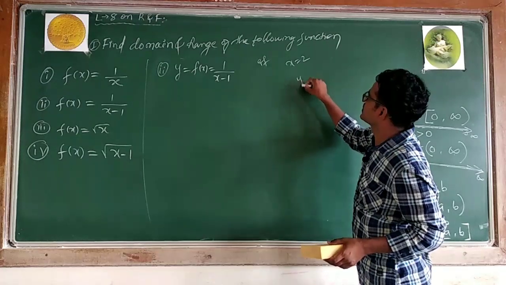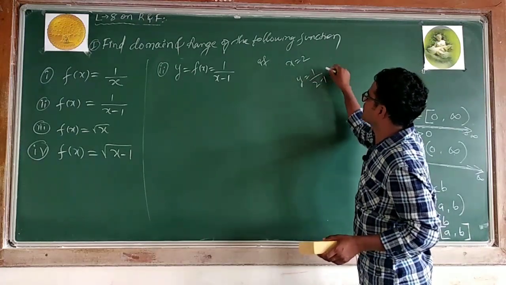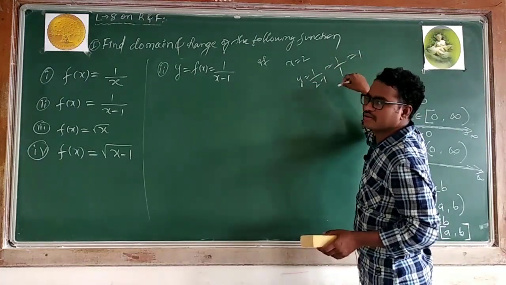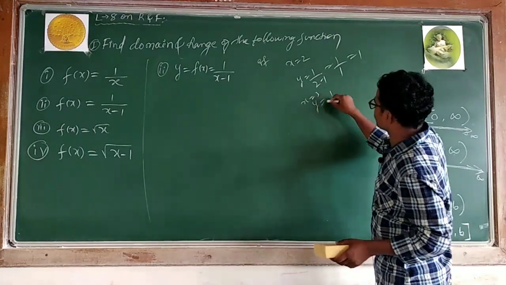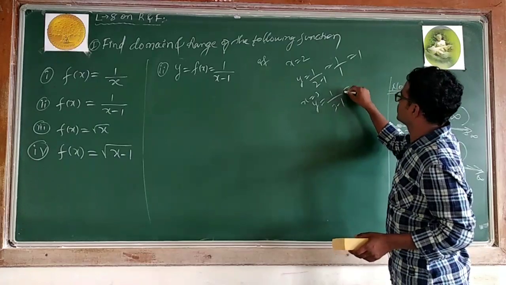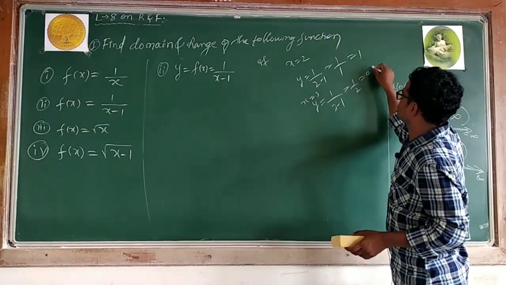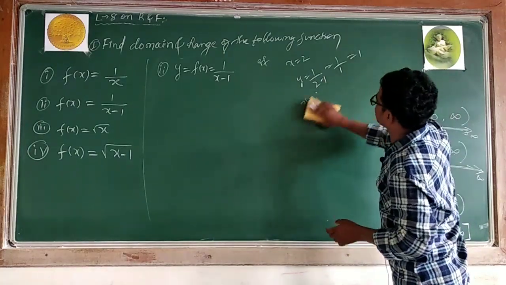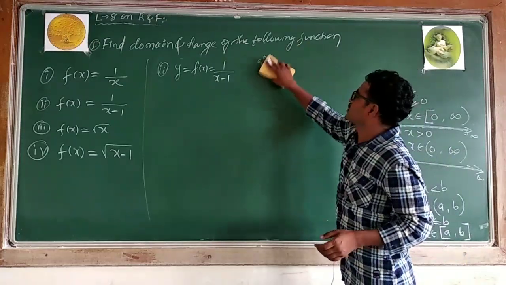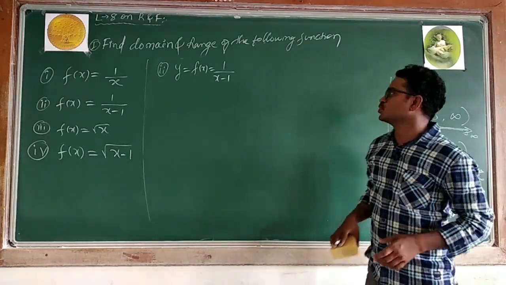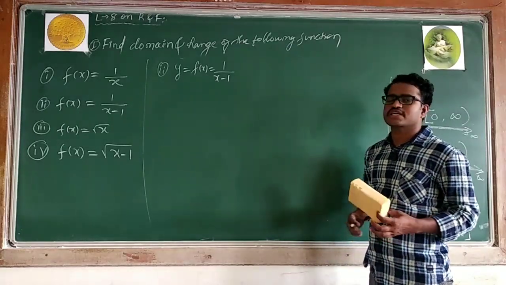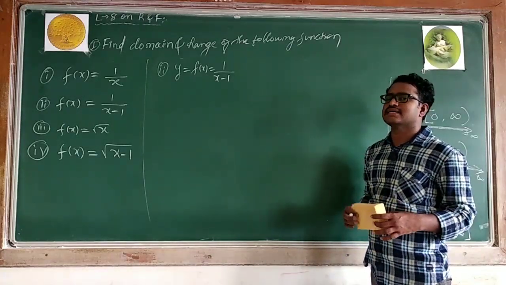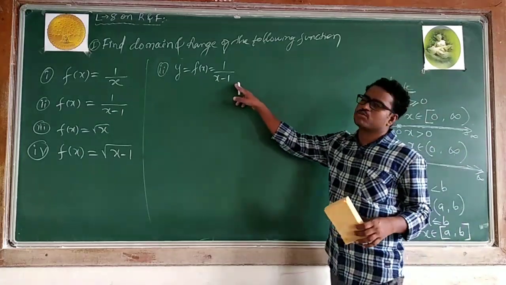If x is equal to 2, no problem. y is equal to 1 divided by 2 minus 1, which is 1 divided by 1. You will get 1. If I am taking x is equal to 3, you can say 1 divided by 3 minus 1 is 1 divided by 2. You can get 0.5. So you can take any value, but x should not be equal to 1. When x is equal to 1, it is not possible to define.